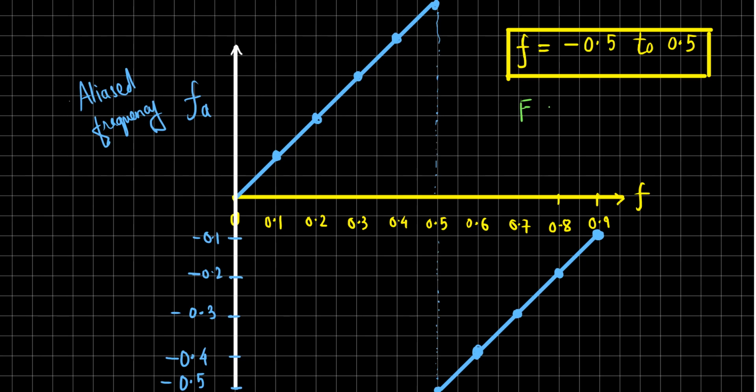But small f, that is the discrete frequency, has the range from minus 0.5 to 0.5. This means that after discretization of the signal, the range of the frequency is limited. It is from minus 0.5 to 0.5. We shall look more into this in the next module.